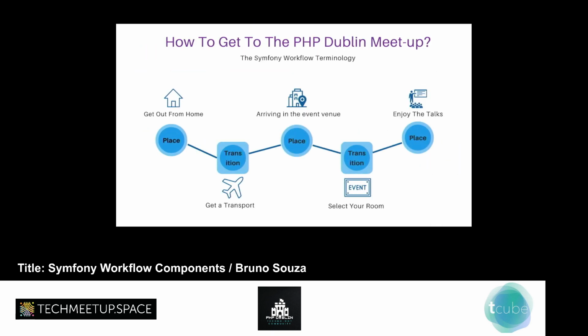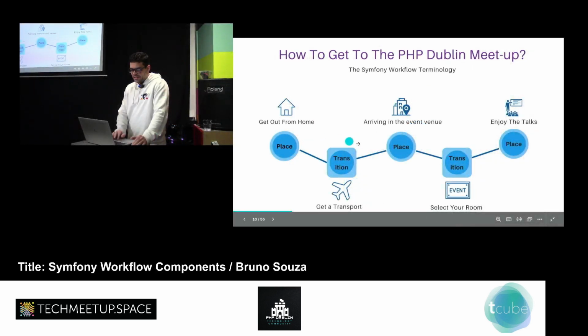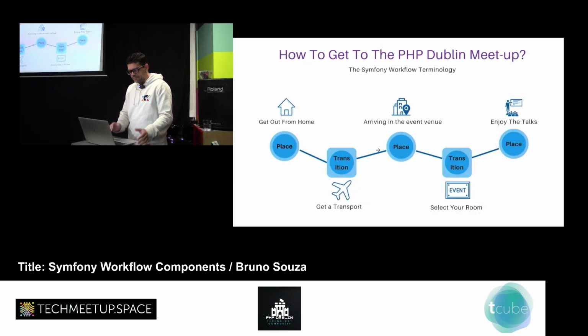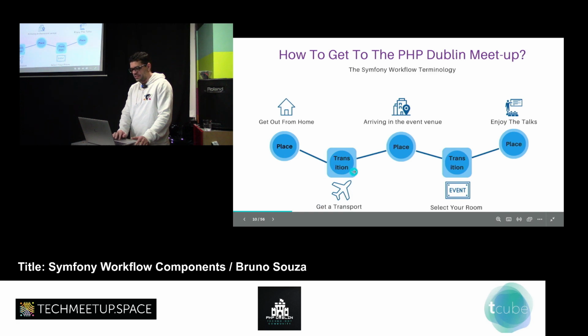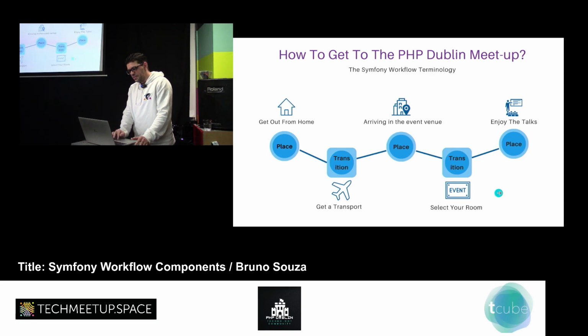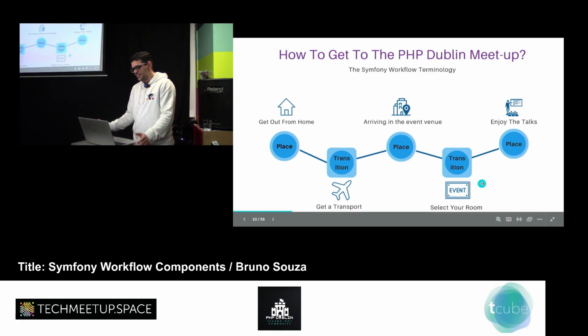And this again, now having the same example, but applying the Symfony workflow terminology. When you are leaving your home, you are in a place, then you get a transport, which means a transition, to another place, which is the event venue. Then you select the room, which is another action, so a new transition.